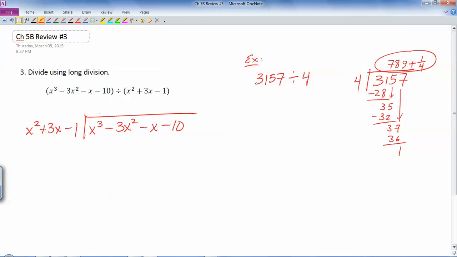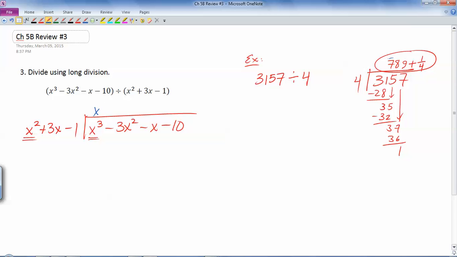Now, the way to figure out what goes first is you're really only looking at the first terms here. So what do you need to multiply x squared by to get x cubed? And so that's going to be x.